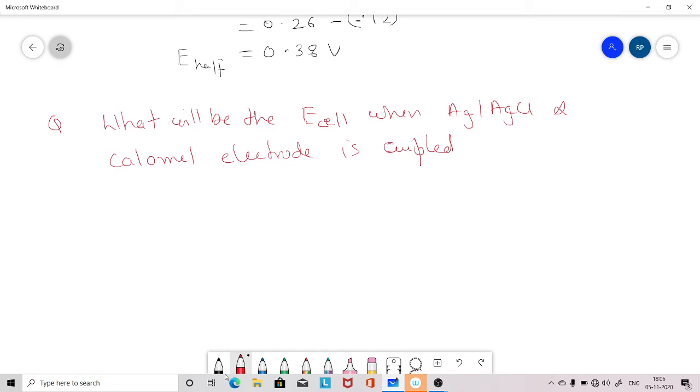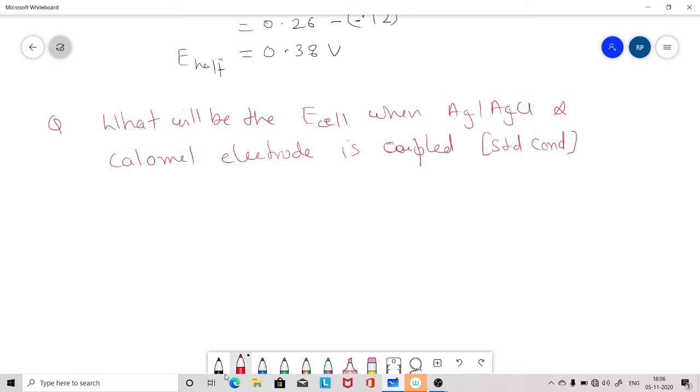So we couple these two electrodes, and what will be the E cell? Now when they give just this information, you have to see that this is the standard condition. The question is asked under the standard condition. Now how to solve this one?